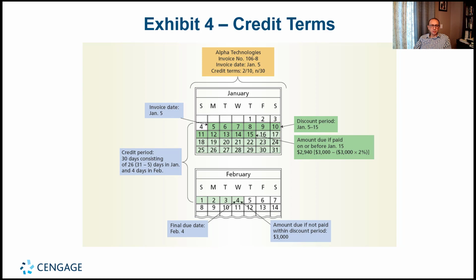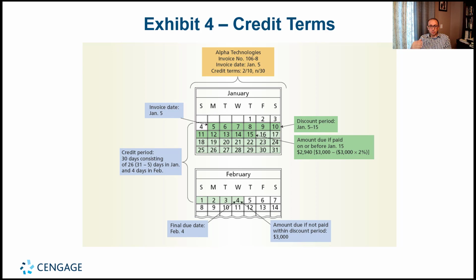From January 5th until January 15th, if we pay during any one of these days, we're going to receive a 2% discount. So the amount due if paid on or before January 15 would be $2,940, which is the $3,000 minus 2% of the $3,000, which is $60. So that would make it $2,940.